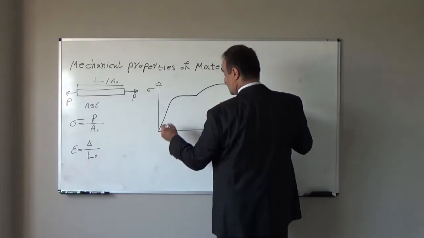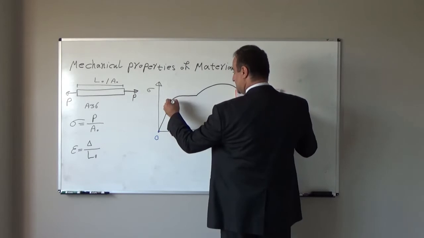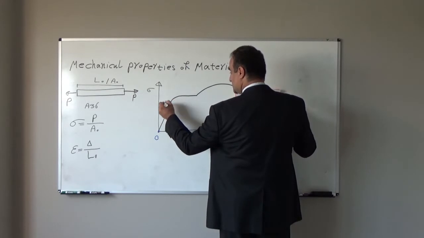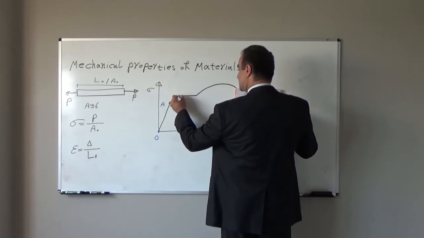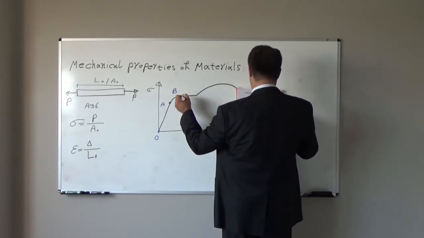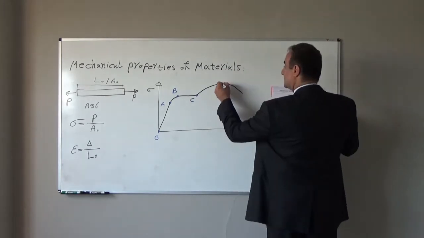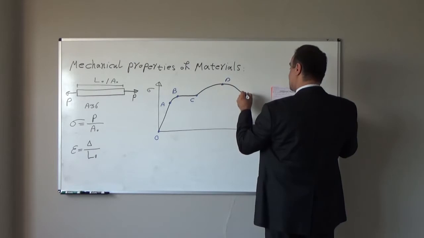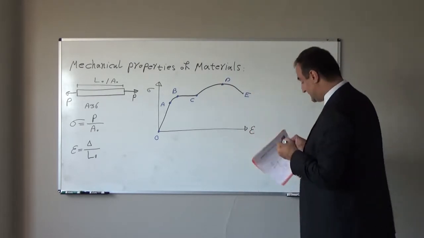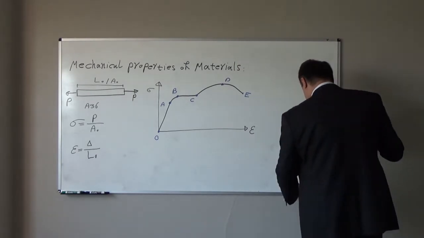Here is origin, point O. Then it will come linearly to here. I show with point A. Then it comes here, point B, point C, maximum point, point D, and point E. This we will call engineering stress-strain curve.